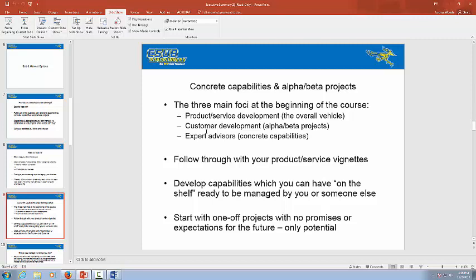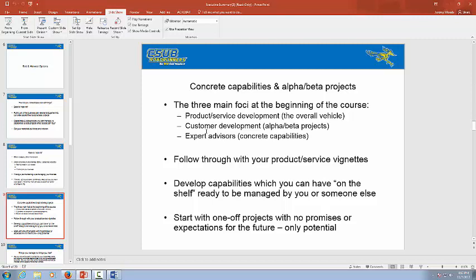Eventually, you want to develop capabilities which you can have on the shelf, ready to be managed by you or by someone else. So, if I go back to the beauty bar, for example, maybe the first thing that you do is just a beauty bar night that you would host at someone's house, which has beauty services and drinks provided, and maybe do it once a month.